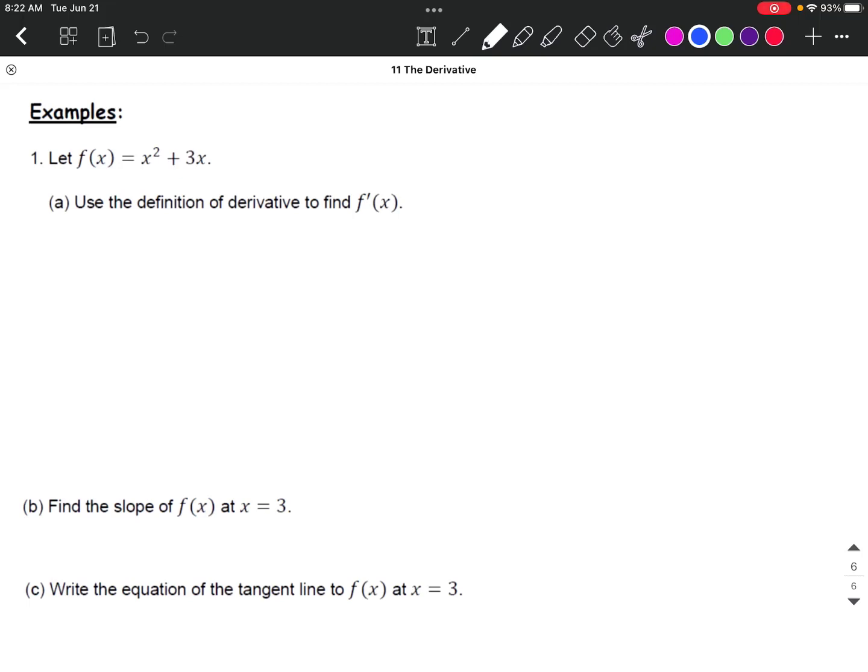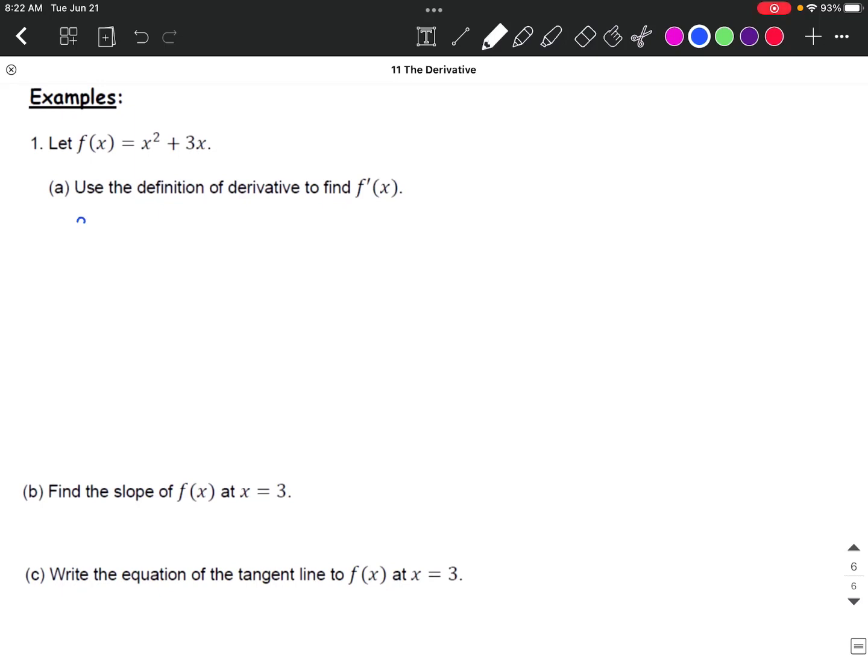So we start with our definition of derivative. F prime of x equals the limit as h approaches 0 of f of x plus h minus f of x all over h equals the limit as h approaches 0, and I'm going to open up brackets for my f of x plus h.